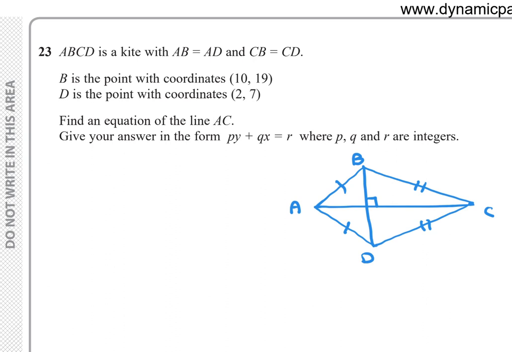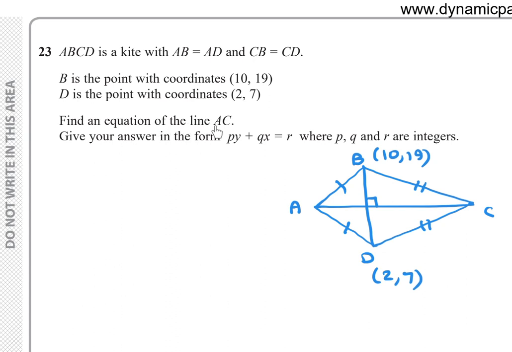This is the kite. B is the point with coordinates (10, 19). D is the point with coordinates (2, 7).